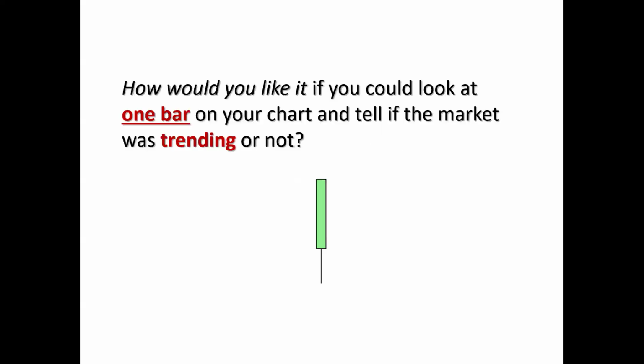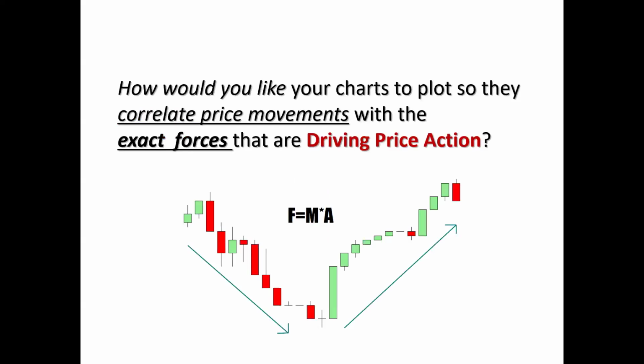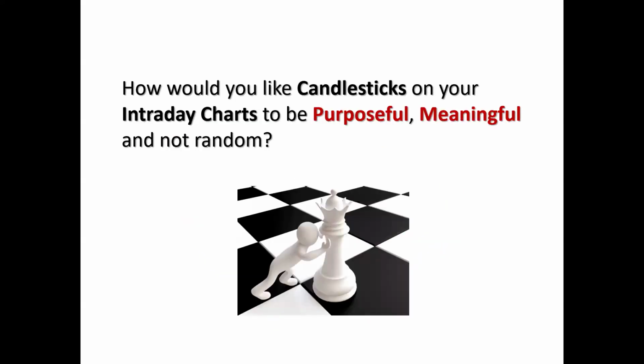How would you like it if you could do one bar trend analysis? That's one thing we covered. How would you like it if your charts plotted so they correlate with price movement on the exact forces that drive price action? Very scientific. How would you like candlesticks on your intraday charts to be purposeful, meaningful, and not random?